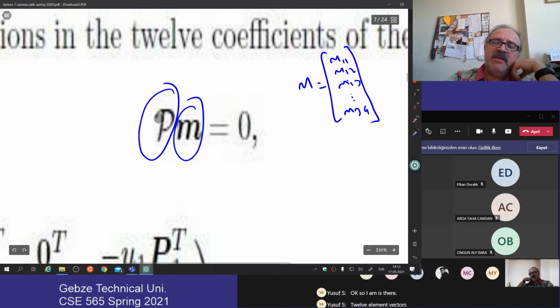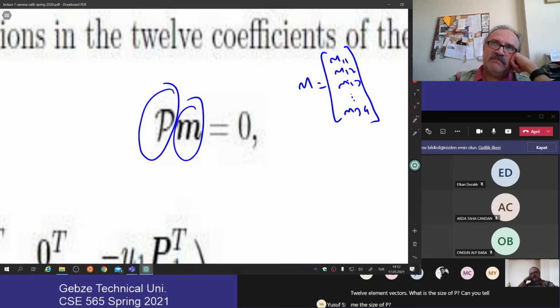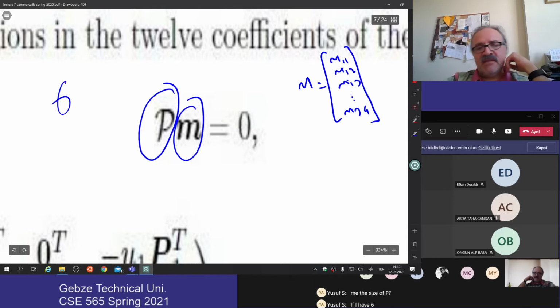What is the size of P? Can you tell me the size of P? If I have 6 point correspondences, what would be the size of P?